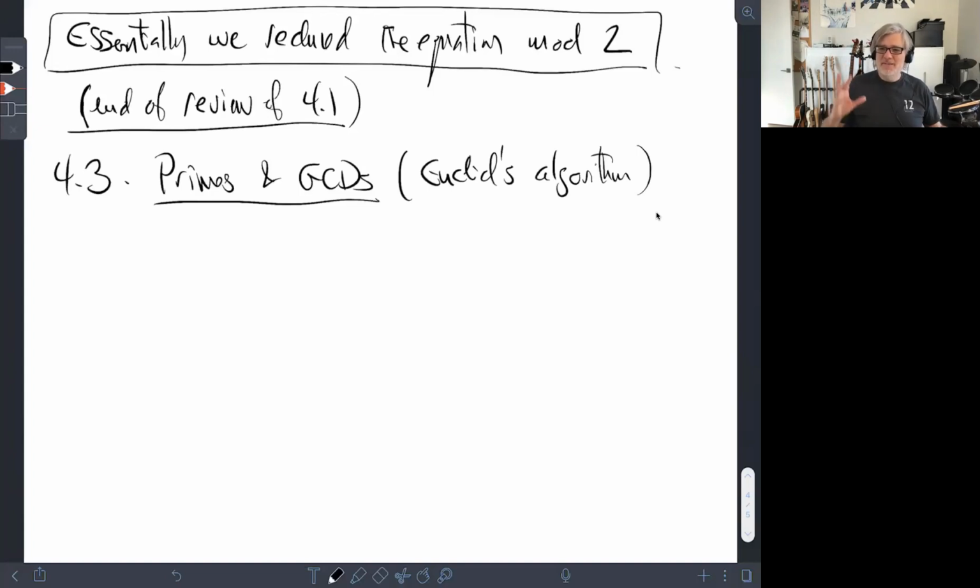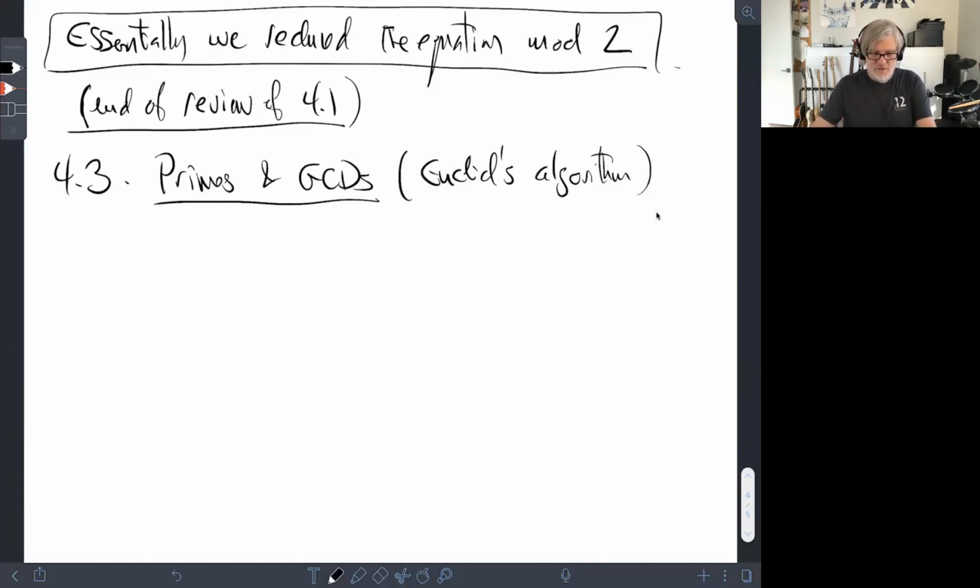Euclid's algorithm is an actual algorithm. And it's one of the greatest algorithms out there. It is just a fantastic algorithm. It's so smart and efficient. Okay, so let's start. I won't get to the GCD. I just want to do the primes part right now. I have a lot of stuff to say on that.